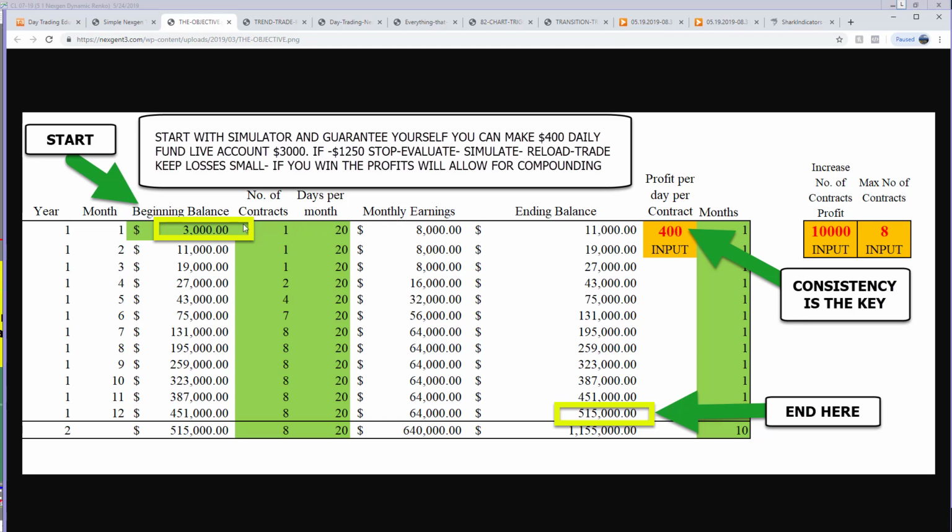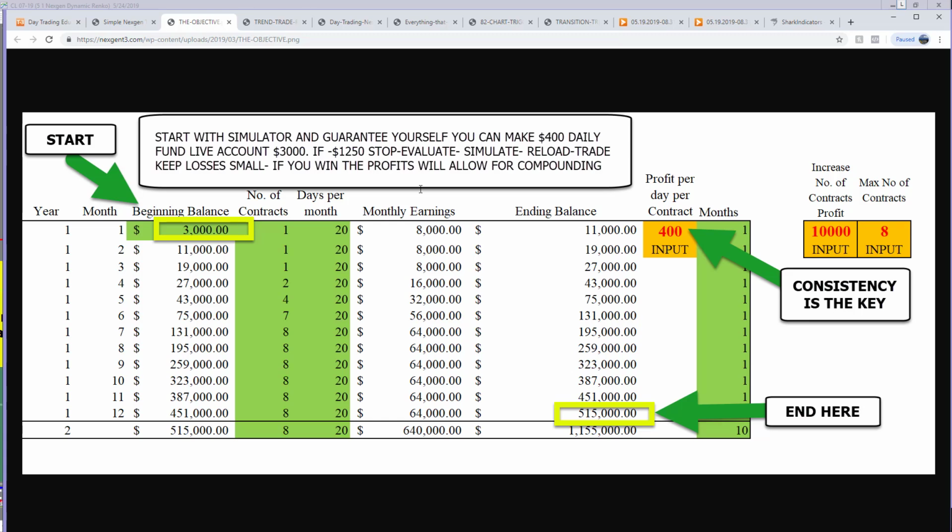And if you can make on one contract $400 a day average, then you have the ability to make a ridiculous amount of money. But it's about consistency. The same trade, the same way, the same time, every single time without question. The objective is not to catch every pivot. The objective is not to catch every trade.